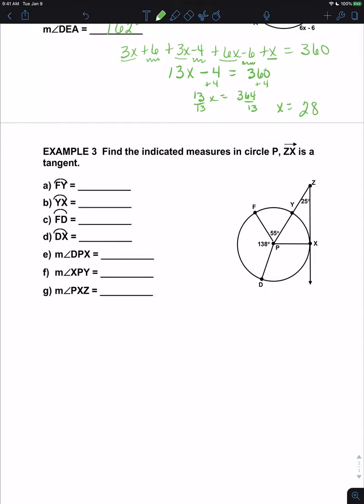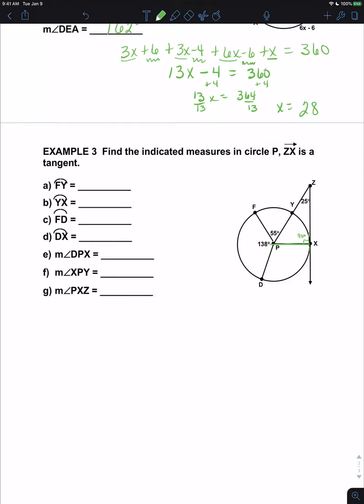All right, so now we're going to look at the last example. Let's just go ahead and label. We know F to Y would be 55 degrees. F to D is 138 degrees. Remember, a tangent line attached to a radius where they meet is always 90 degrees.